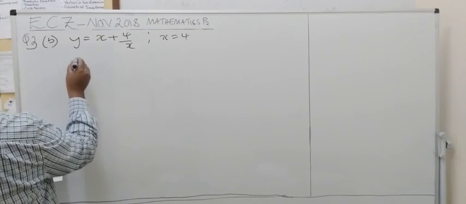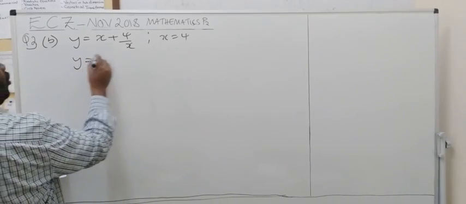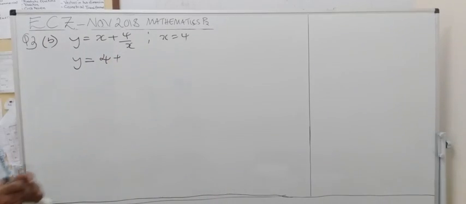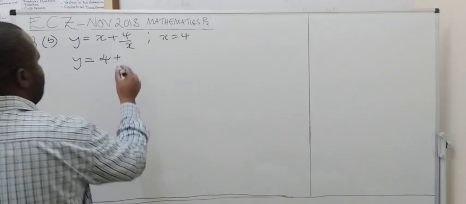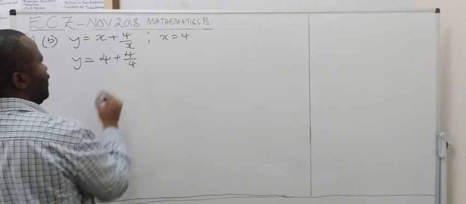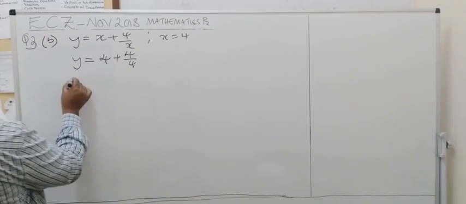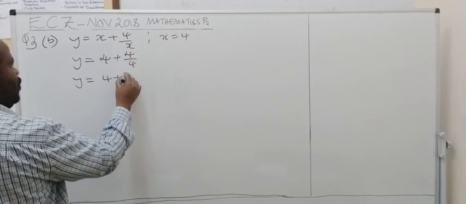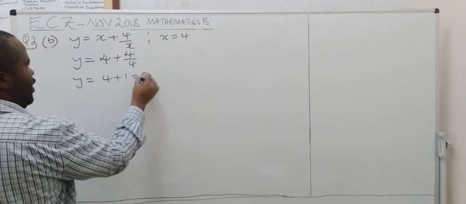So I'm going to say y is equal to my x is 4. 4 plus, okay, so we say 4 divided by our x is 4. Okay. So we are saying y is equal to 4 plus 4 into 4 is 1. So our y is 5.